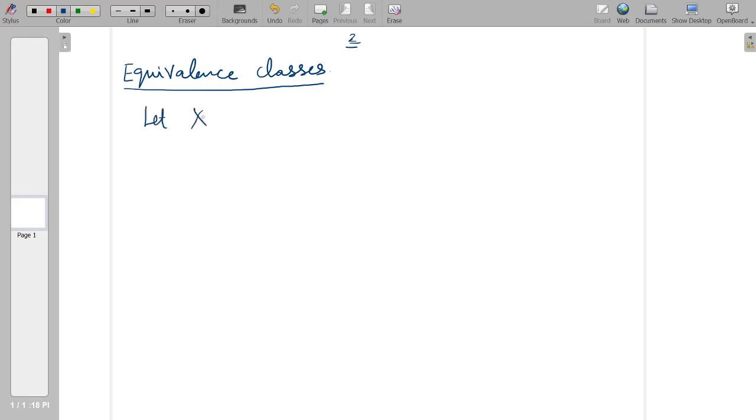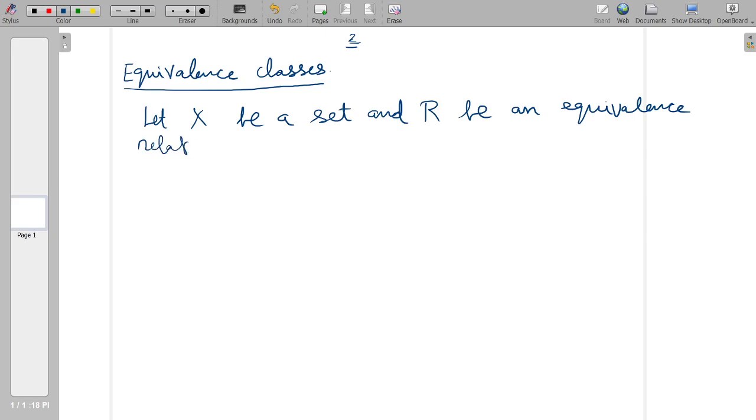Let X be a set and R be an equivalence relation defined on X. By equivalence relation we mean R is reflexive, symmetric and transitive.